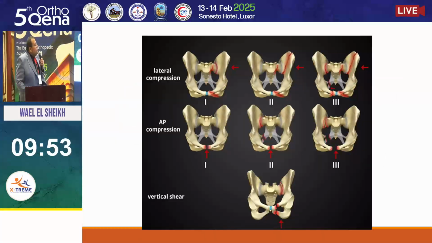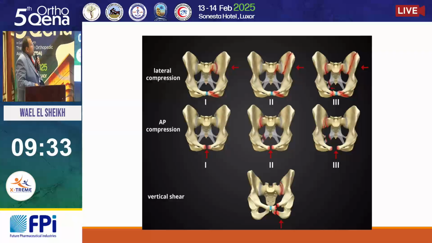To remind you rapidly with the classification of fracture pelvis. Fracture pelvis is either classified according to the mode of trauma or according to the stability. As regards the mode of trauma, the Young and Burgess classification is used.